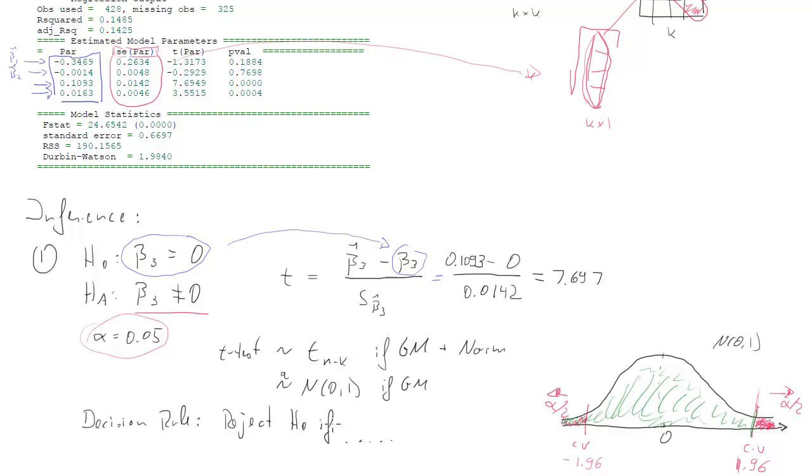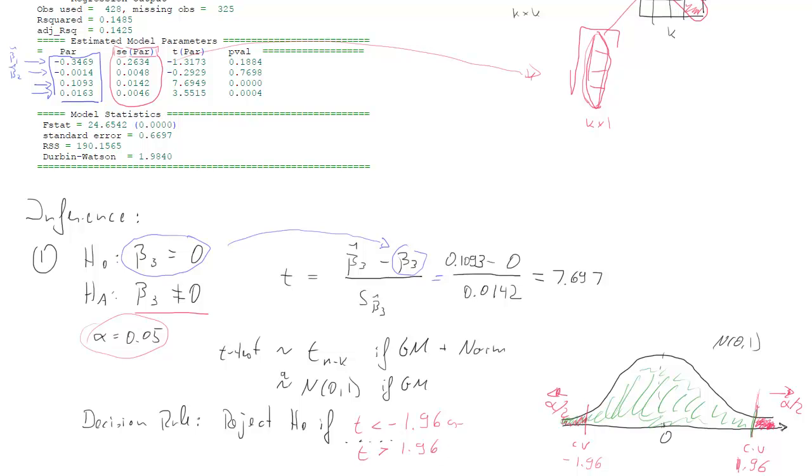Therefore, reject H0 if our t-stat is either smaller than negative 1.96 or larger than 1.96.